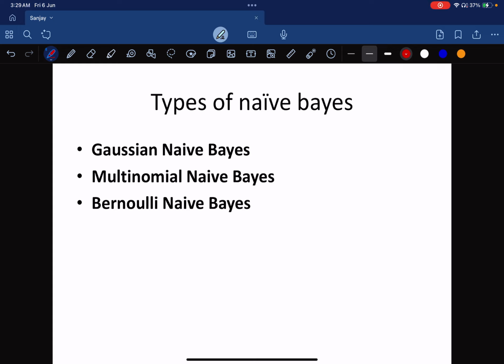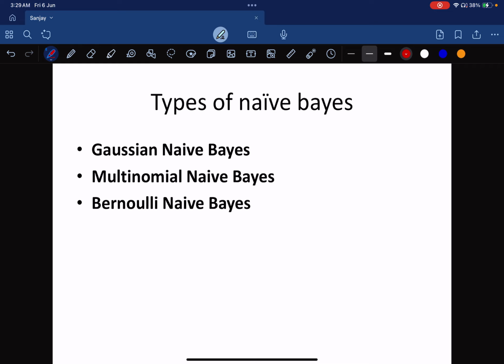So in that case, we use Gaussian. There are three types: Gaussian Naïve Bayes, Binomial Naïve Bayes and Bernoulli Naïve Bayes. For continuous random variables we use Gaussian Naïve Bayes, and similarly for discrete data we use other Naïve Bayes algorithms. For categorical data, we simply find the probability from the frequencies of occurrence in each class.